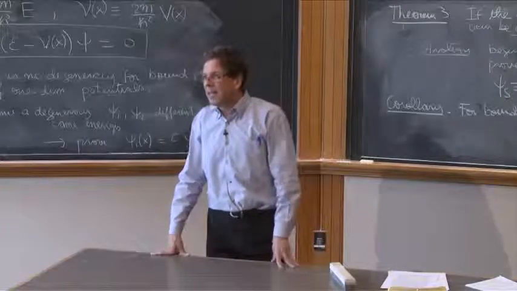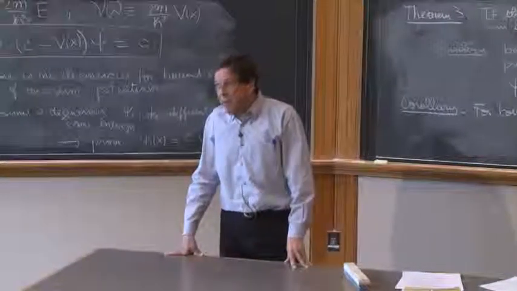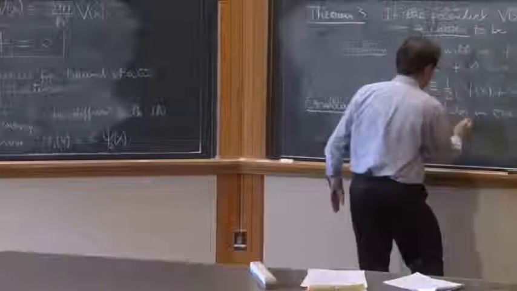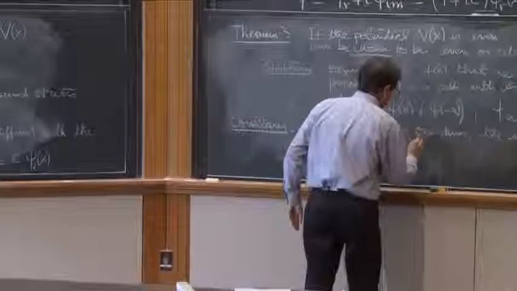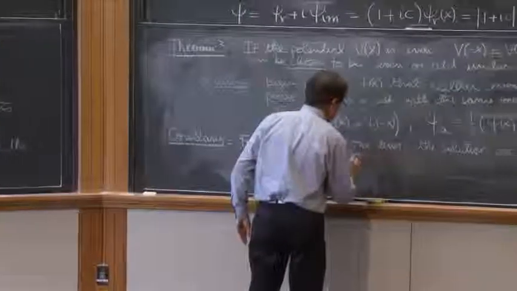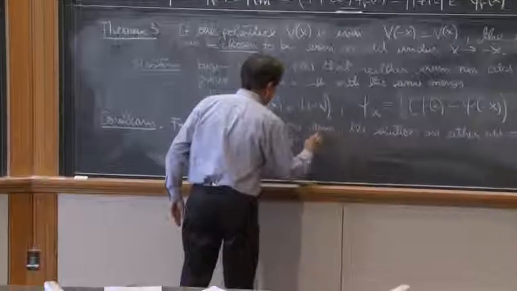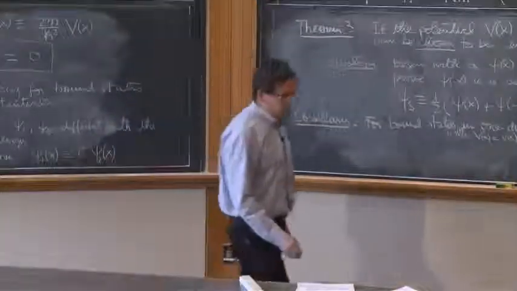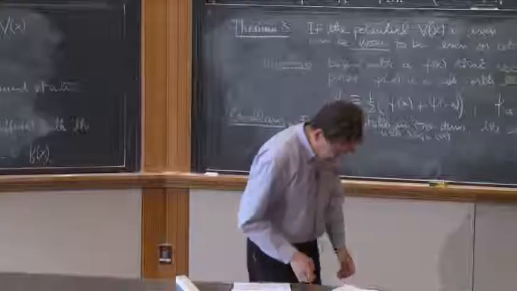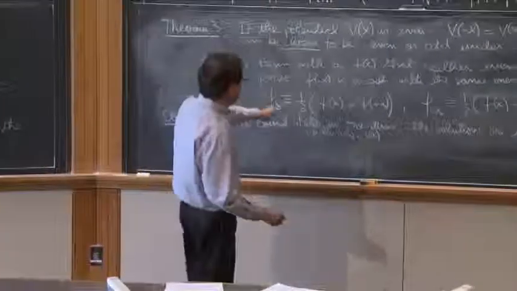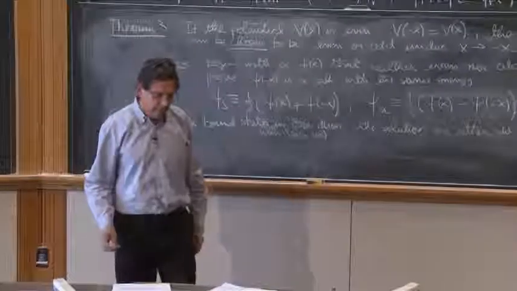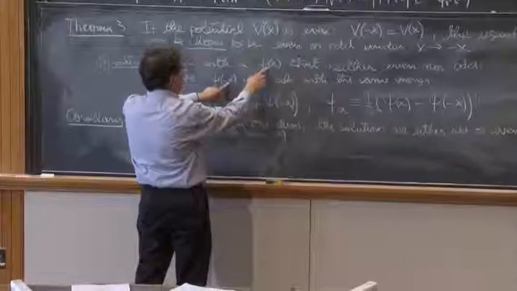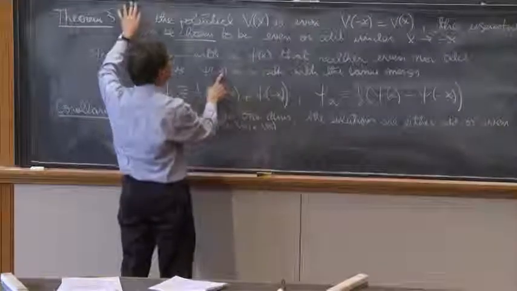This is for even potentials, yes. For bound states in one dimension with even potentials. V of x, V of minus x equal V of x, yes. So how do we show that? Well, again, you've got two solutions here that are degenerate, that have the same energy, psi of x and psi of minus x.